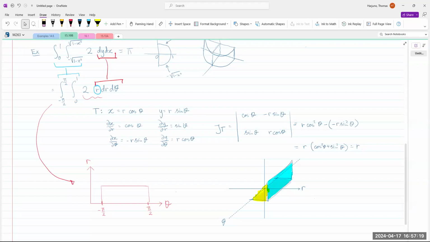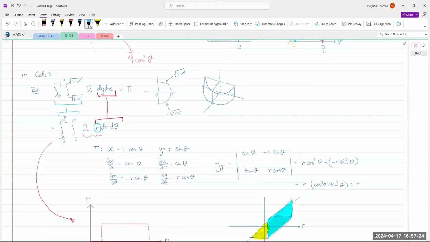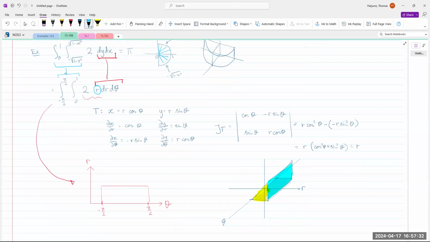Actually, if you think about this a bit further, what we did in these original integrals is break it up into pizzas, right? A lot of sectors, and those sectors are being reformed into rectangles.